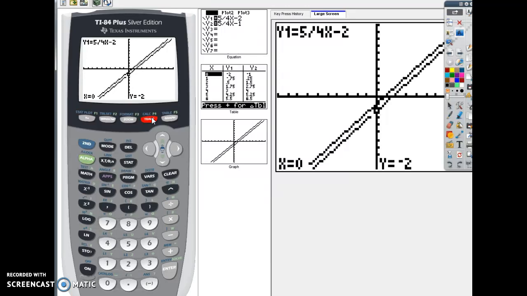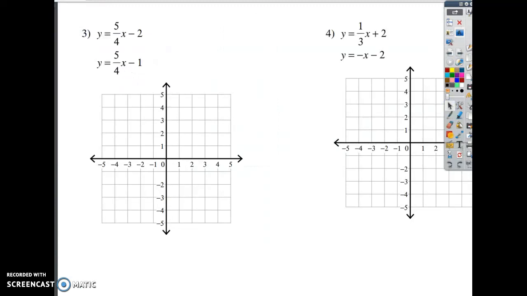So let's graph them. The first one is 0, negative 2. Graph that point. And then 1, enter. That's not a good point because it gave me a decimal, so I don't want to use that one. 2, enter. Same thing. 3, enter. Same thing. 4, enter. That's a good one. 4, 3. So plot those 2 points on your paper.